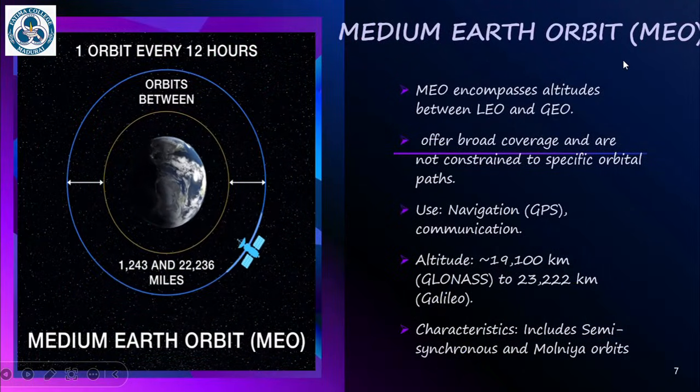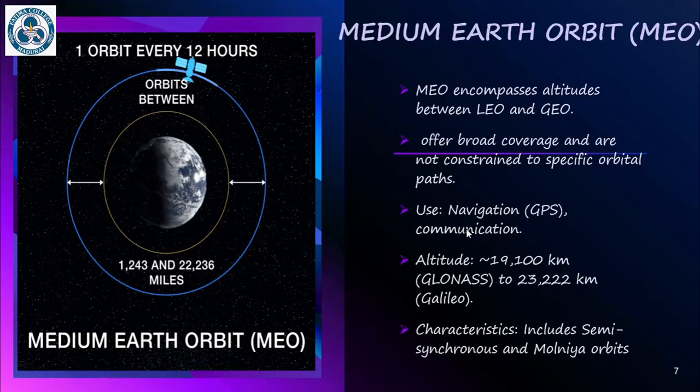Next is medium Earth orbit, or MEO. This region sits between LEO and GEO, and it's extremely important for navigation systems. Why? Because MEO offers a strong balance. Satellites can cover a large area compared to LEO and still provide accurate timing and positioning.